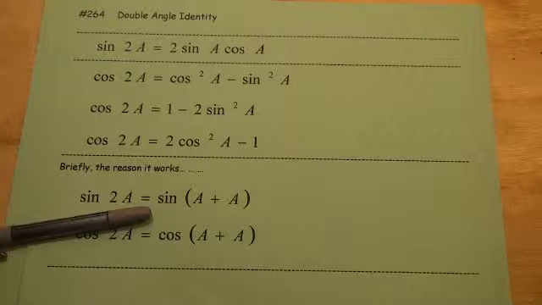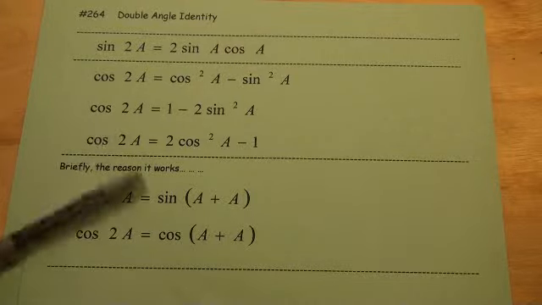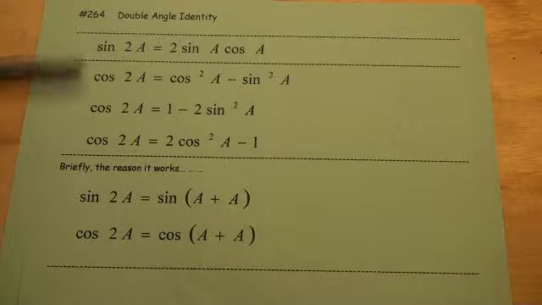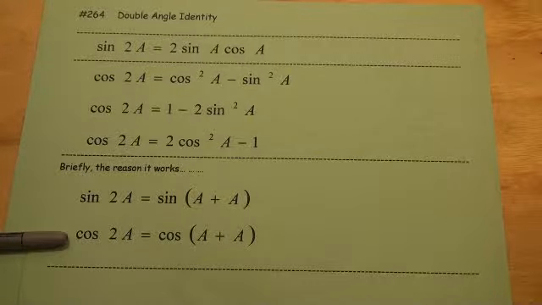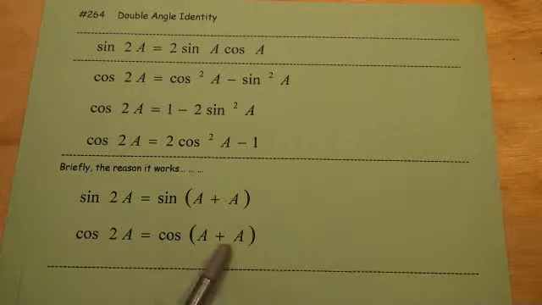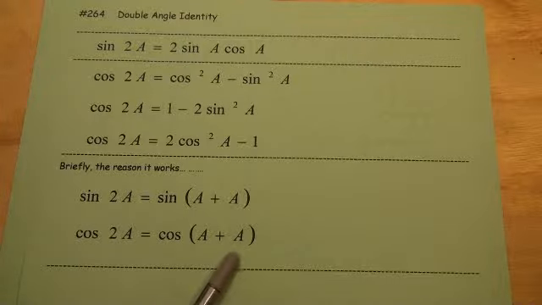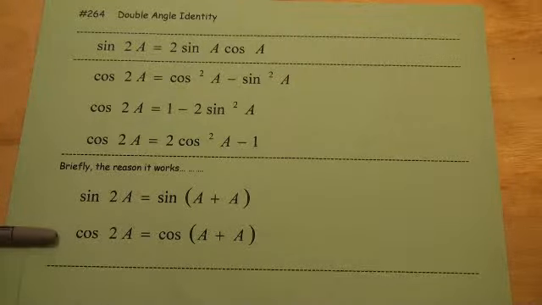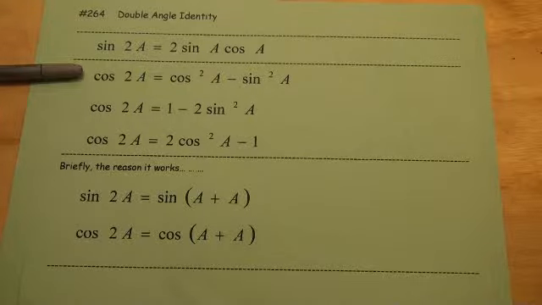In the previous videos, we had sine a plus b. You can then change that around and you'll eventually get this one here. If you do cosine double angle, cosine a plus a, and you expand this out using the cosine addition identity, then you can definitely get to that one right there.